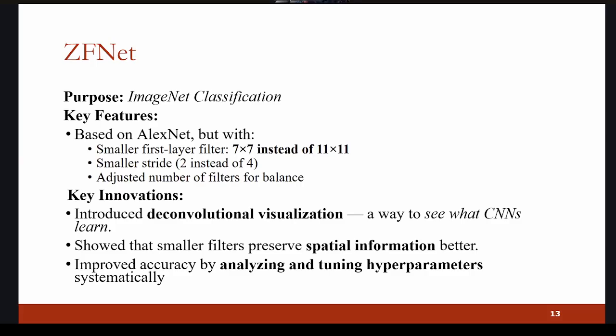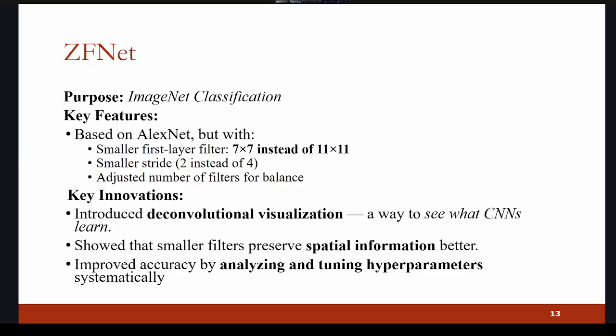So that is the inference they got by introducing this architecture. The stride size they have used is 2 instead of 4. In the previous architecture, they used stride size as 4, but here they have used stride size as 2. These are the minor changes they made in the previous architecture, AlexNet, and they came up with ZFNet.